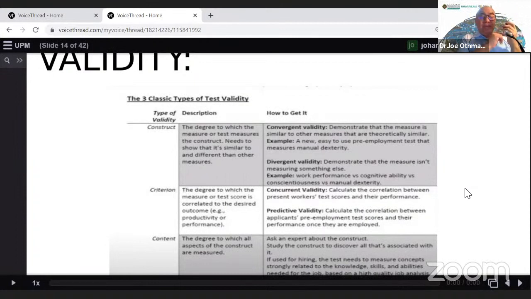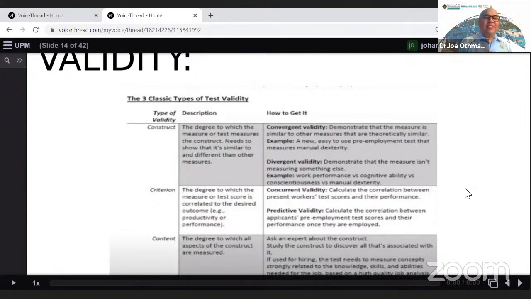If I build a new survey, how do I know my questions have concurrent validity? I will have to take the scores from giving this survey to a group of people and compare them with an established, similar test. For example.